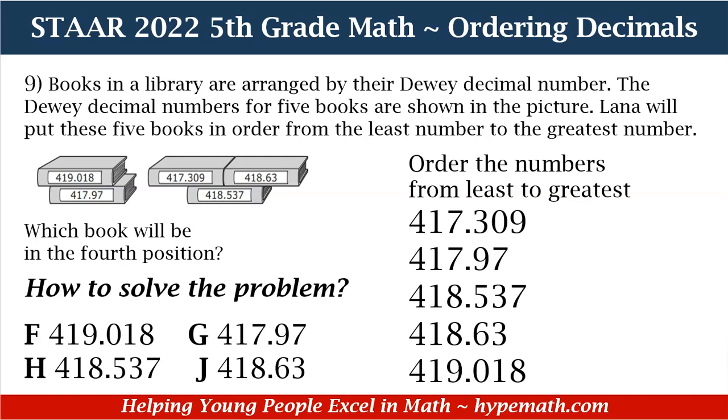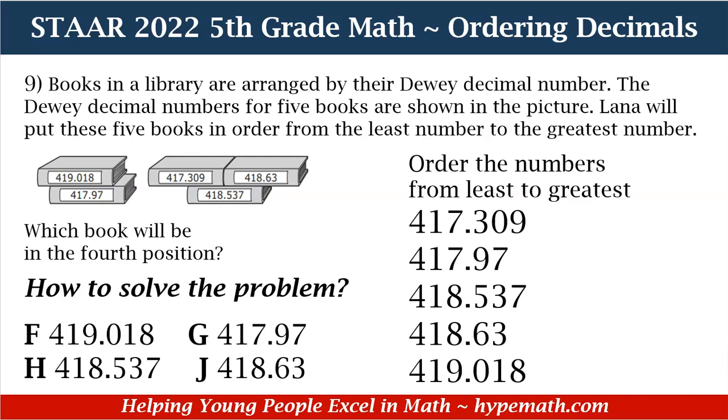We know that 3 is less than 9, and that is how 417.309 is first. And then second is 417.97.